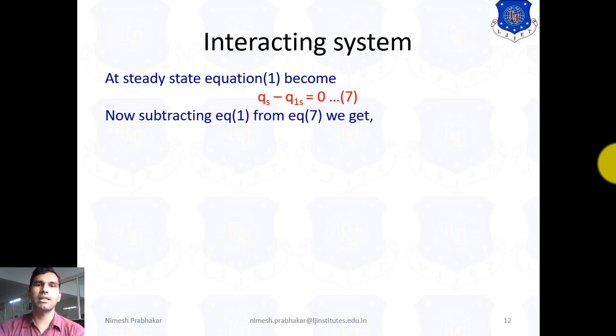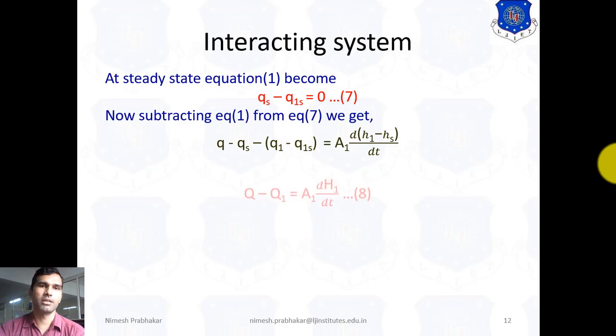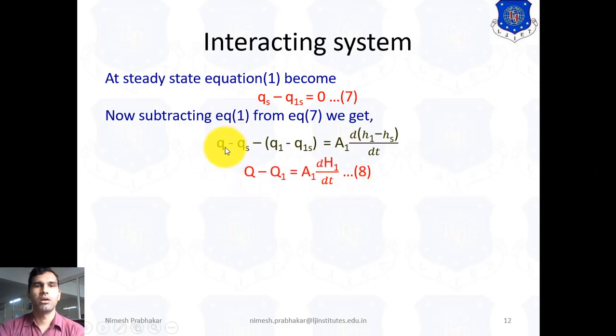Subtracting equation 1 from equation 7, we get Q minus Qs is equal to Q1 minus Q1s is equal to A1 d(H1 minus Hs) upon dt. Taking the deviation variables, we define Q minus Q1 is equal to A1 dH1 upon dt.